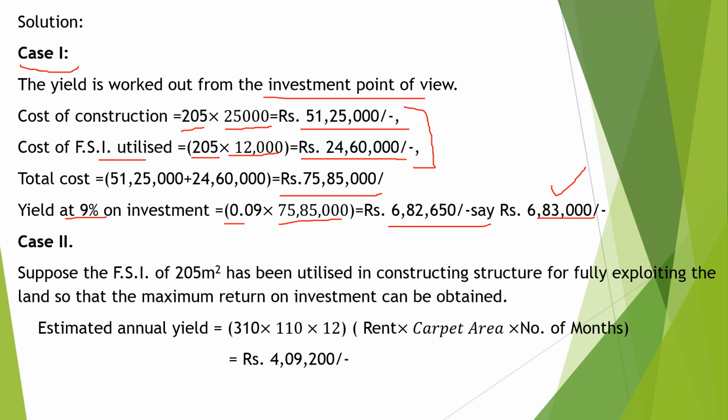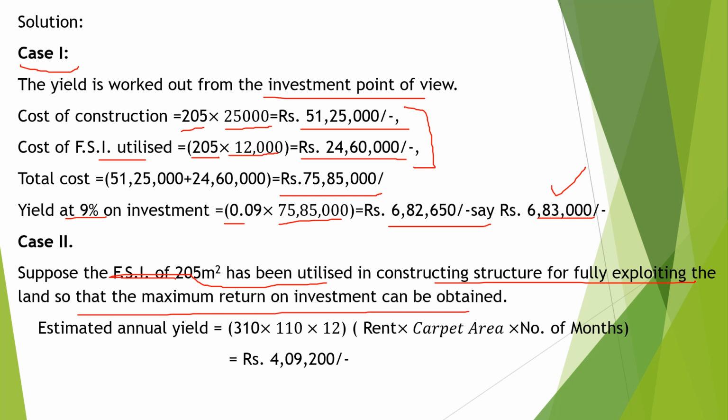Now suppose FSI for 205 square meter has been utilized in constructing the structure, fully exploiting the land, so that the maximum return on the investment made can be explained.